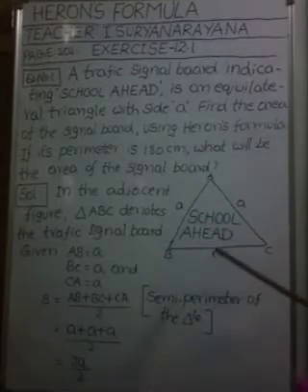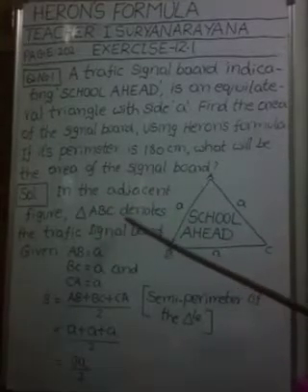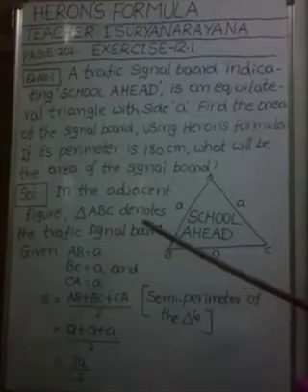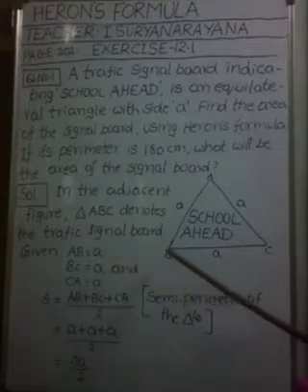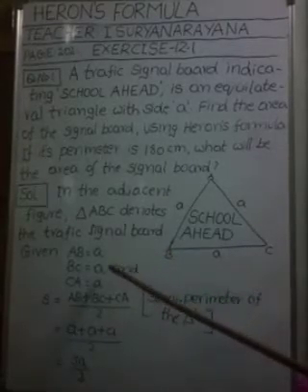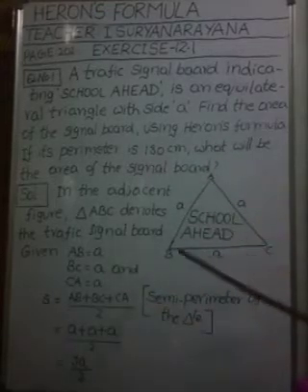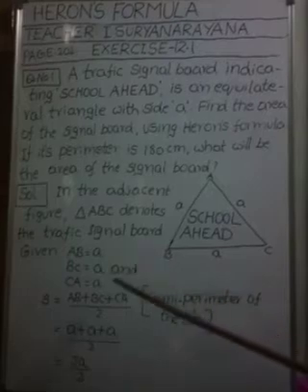In the adjacent figure, triangle ABC denotes the traffic signal board. Given AB is equal to a units, BC length is also a units, and CA length also a units. All the sides are of equal length. Understood these steps, my children?